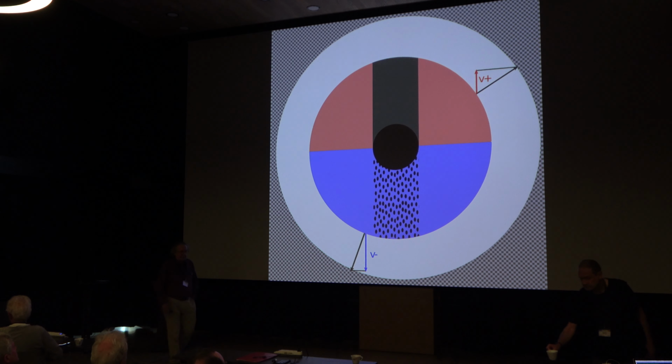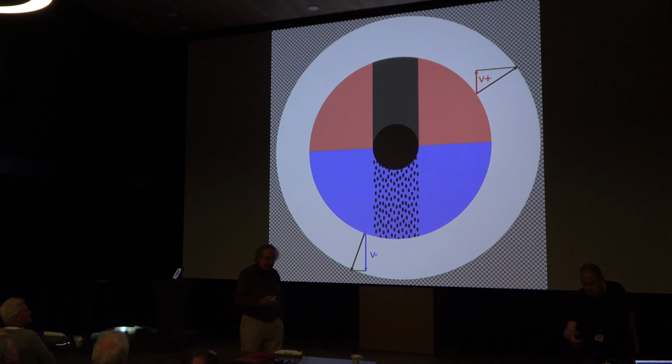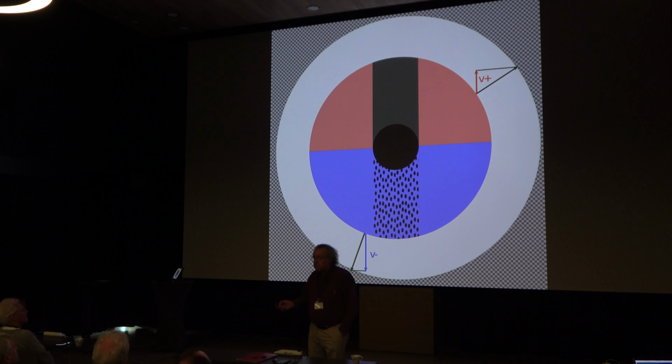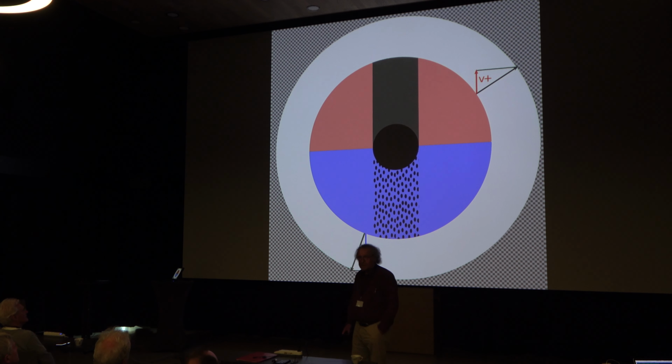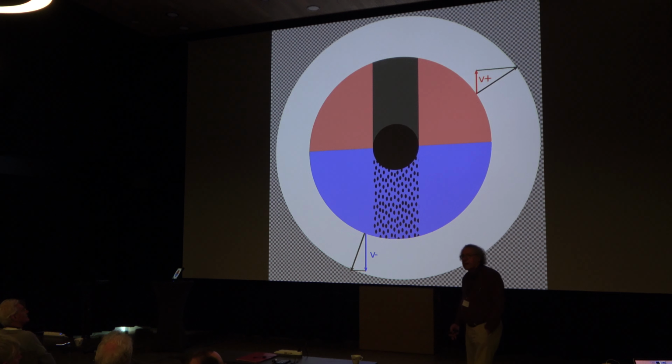Now, this is a drawing of the star. The black spot in the middle is the star itself, the photosphere. The strong wind goes out from the star in every direction. It's always accelerating. It's not like a football that comes back.